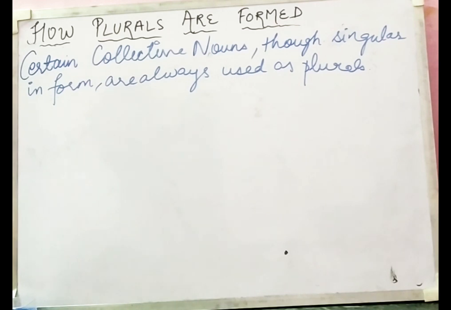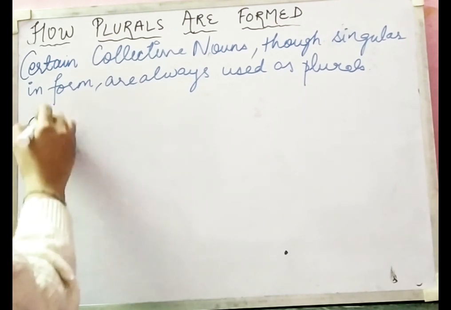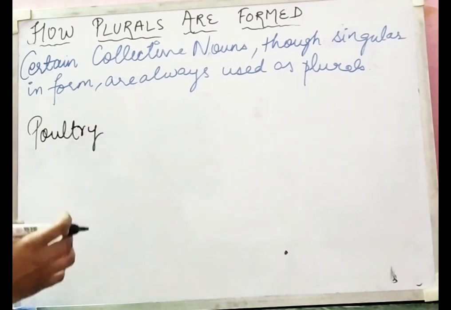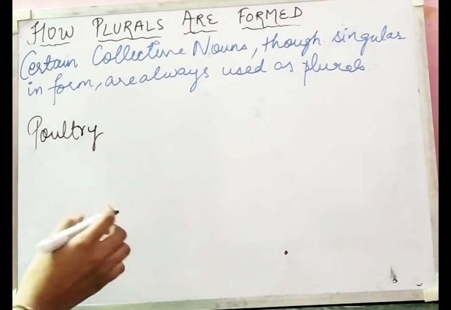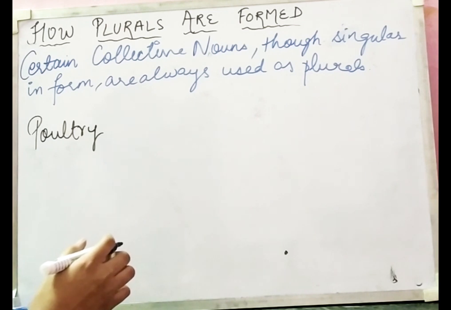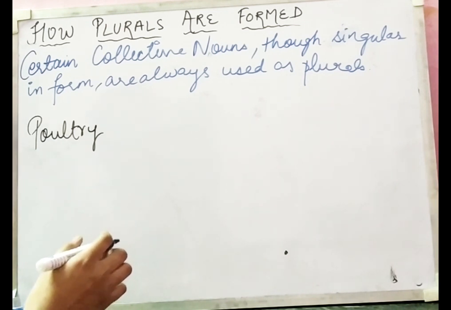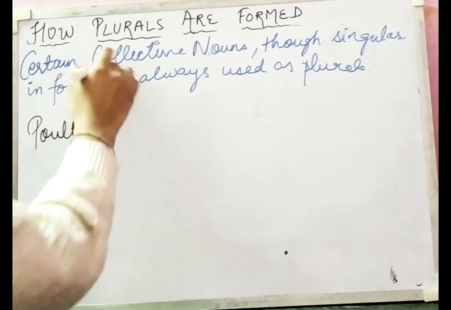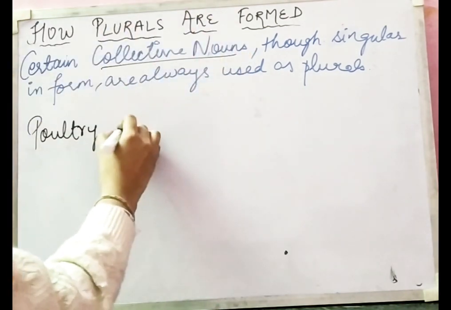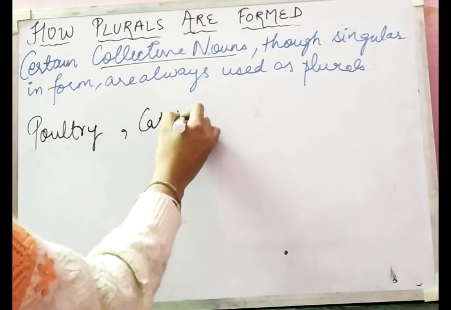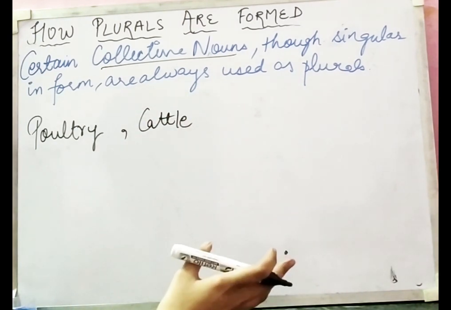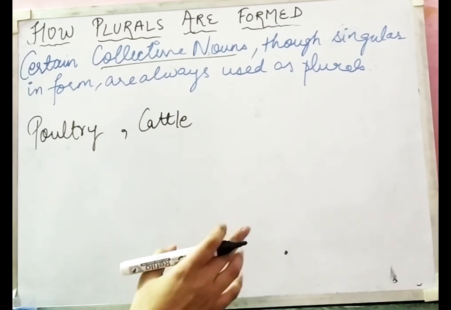Like, I am giving you one example, like poultry. I think you all know what is poultry, where chicks or hens were stored. This is known as poultry. This is not a singular. It tends to like a singular, but it is not a singular. It is always used as plural in collective nouns. Similarly, you can say cattle, where we keep horses, buffaloes, cows, and many domestic animals like cattle.